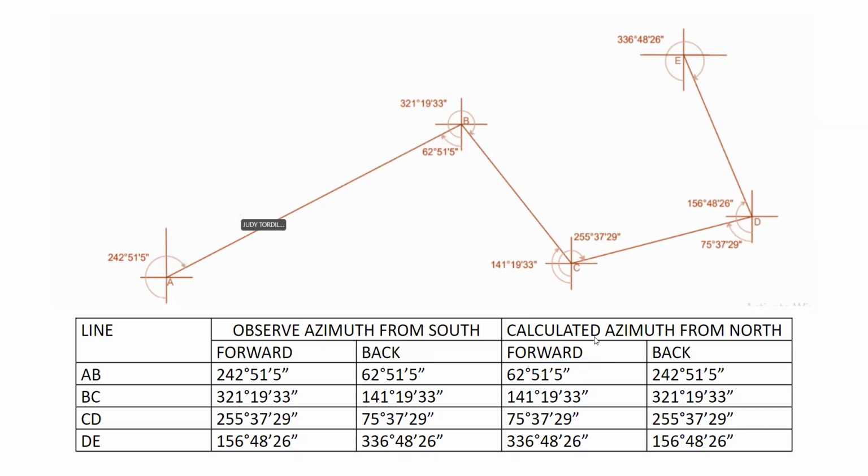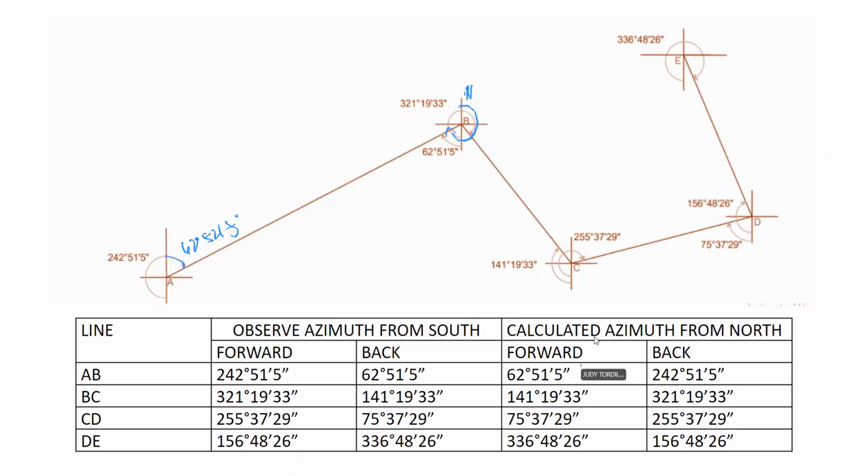Next, we have forward azimuth. Ito, 62 degrees, 51 minutes, 5 seconds. So, ano yung back azimuth nito? So, ang back azimuth nito, di ba sa north na tayo nagme-measure, from north papunta dito.